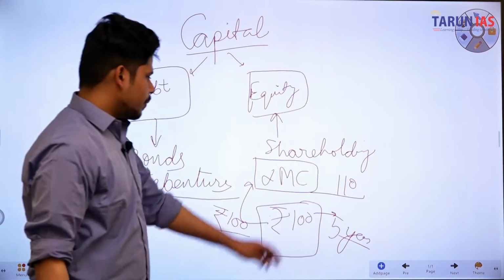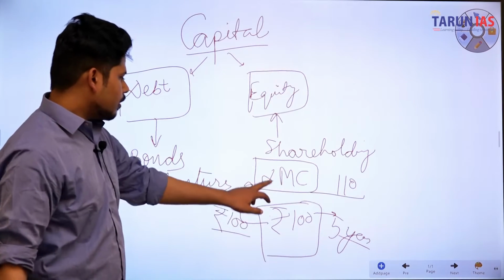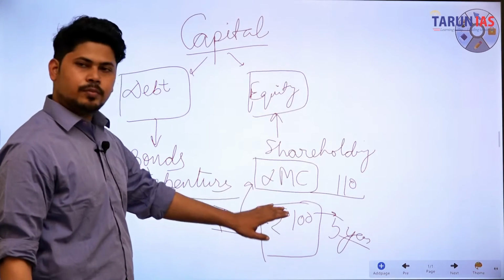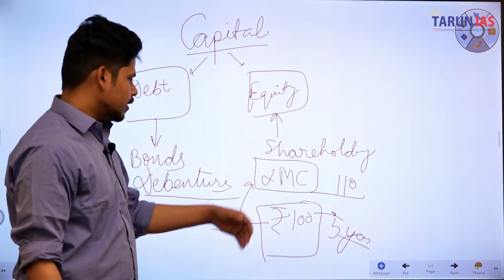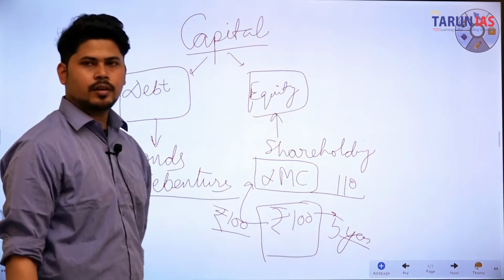So here the interest is ₹10, and Lucknow Municipal Corporation will every month issue a dividend or interest payments to the person who is holding this bond.